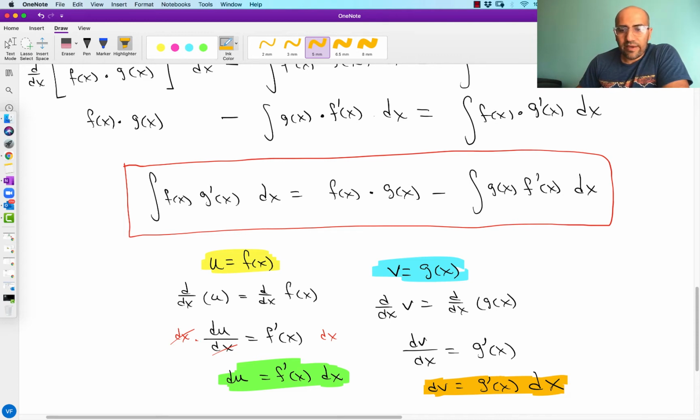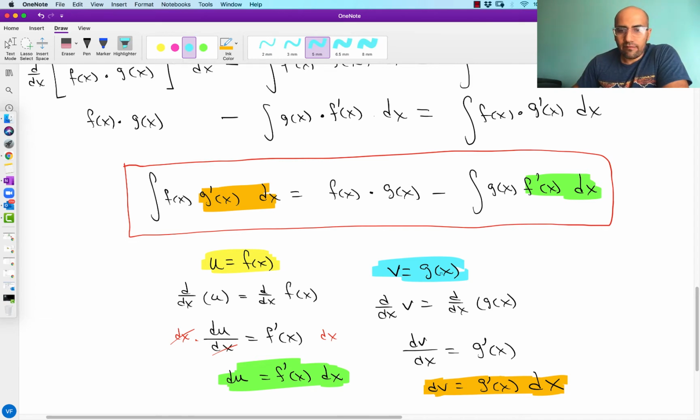So g prime of x dx is this term right here. So we're going to take that and replace it with a dv. Good. And then f prime of x dx, that's this thing right here.